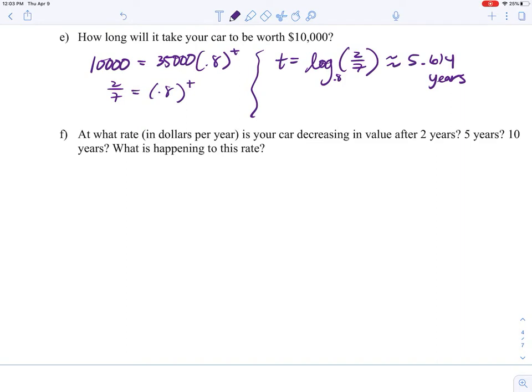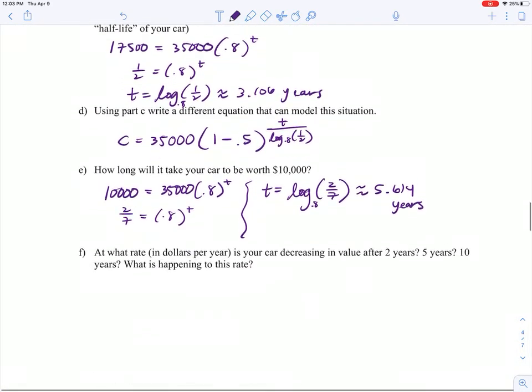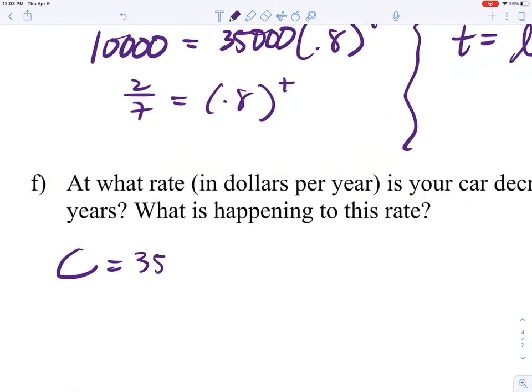Okay, if we want to know at what rate in dollars per year your car is decreasing in value after 2 years, 5 years, 10 years, we are being asked the instantaneous rate of change. So we need the derivative of our equation for C. I'm going to use that first equation that we wrote.